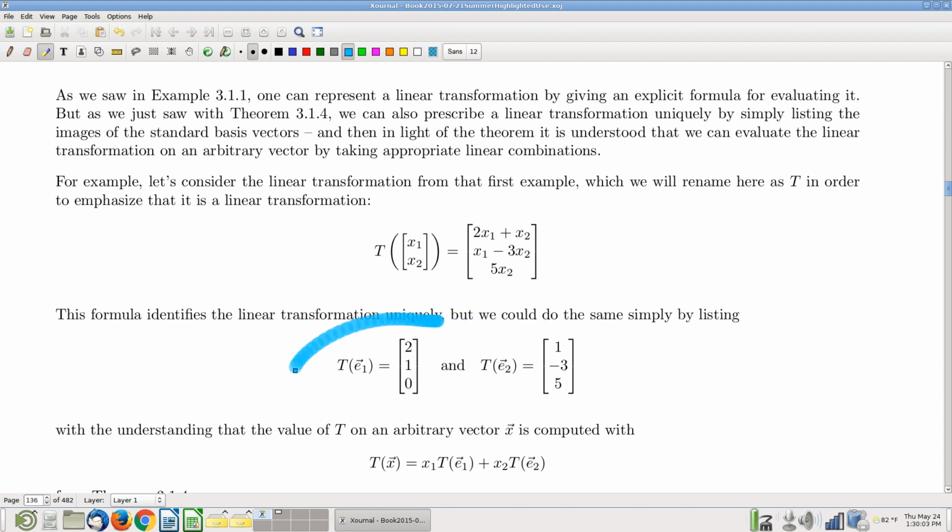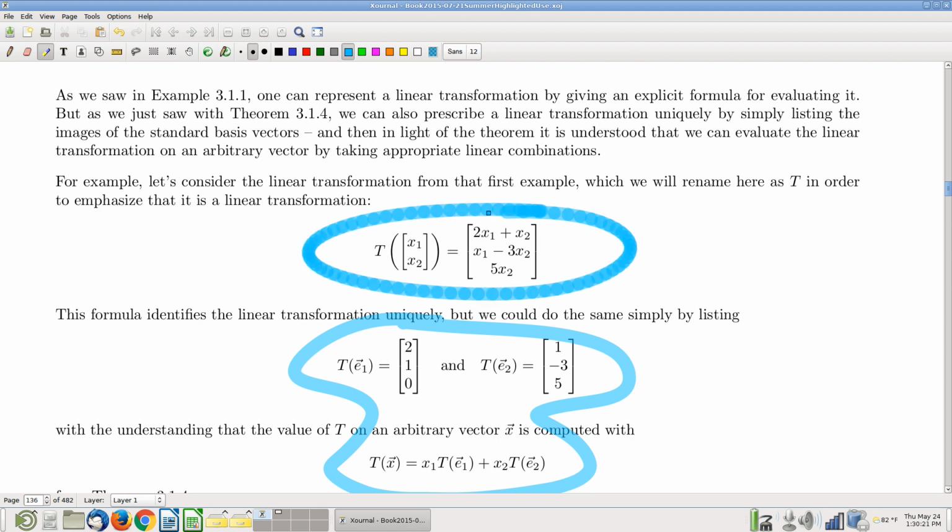So, knowing that your function has these images for the standard basis vectors, and knowing that it is linear, then you can just play linear combination games and you can compute any value of the function you want. So really, this information about how you compute T is no more thorough than this is, right?